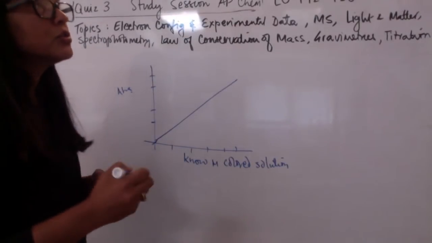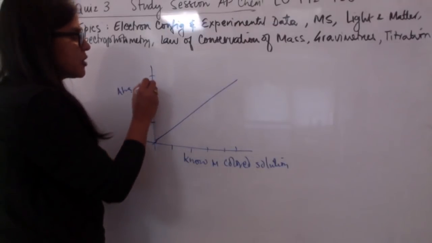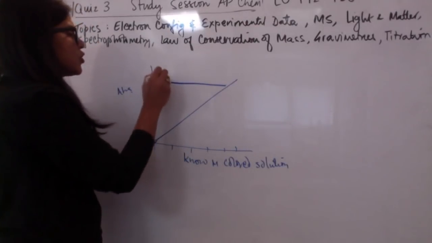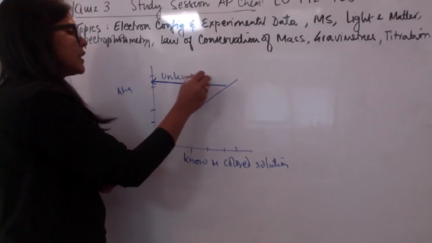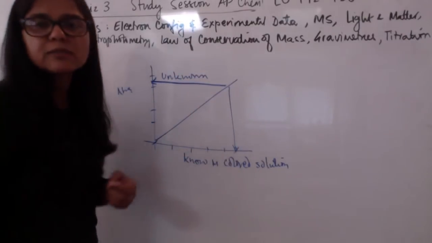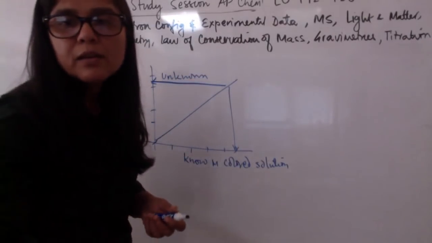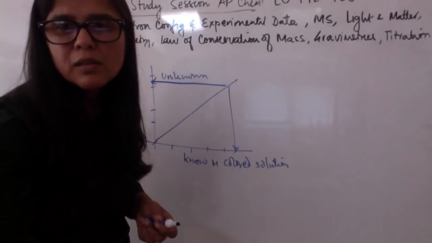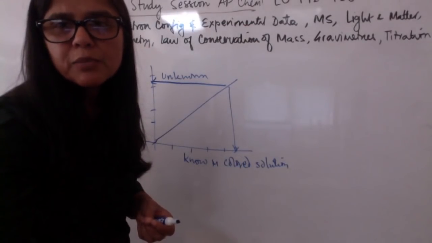It is used in spectrophotometry by measuring the absorbance of an unknown solution and finding the corresponding concentration. So that was number 4.